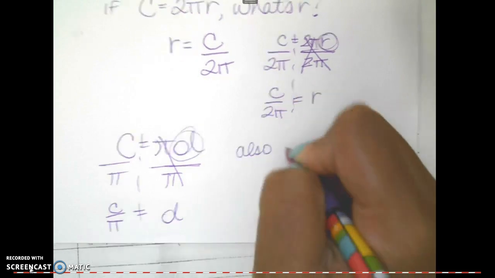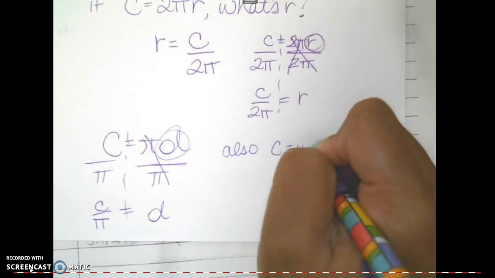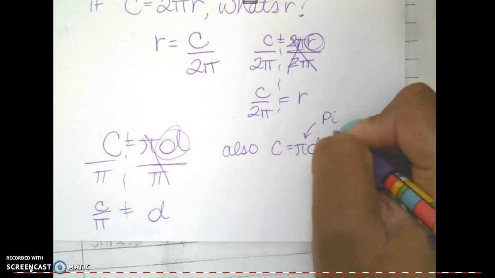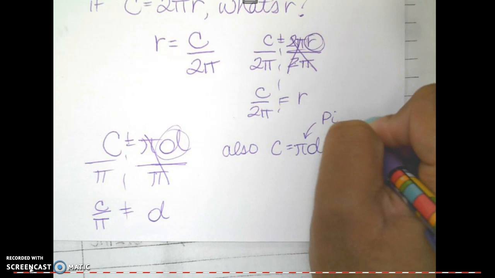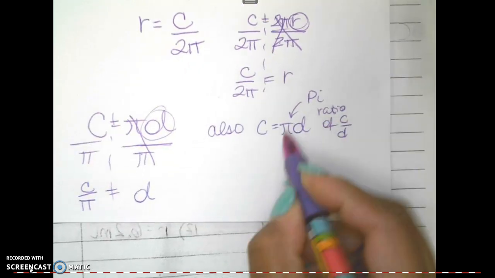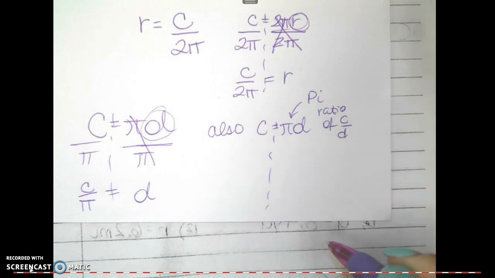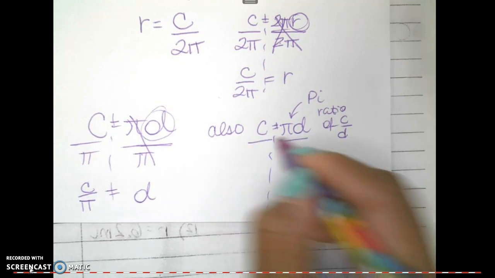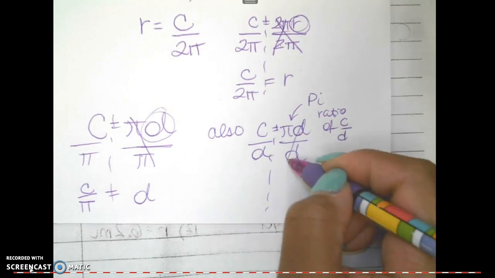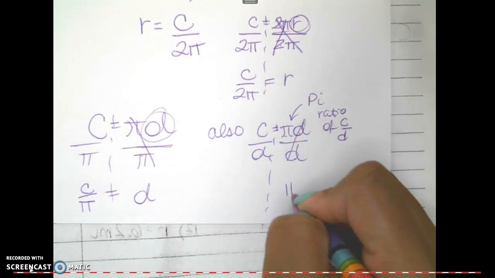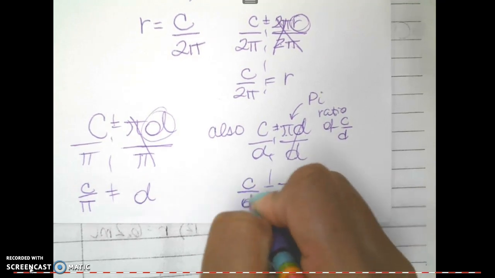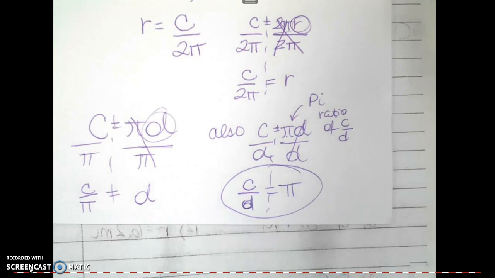Also, if I wanted to solve for pi, because the definition of pi is the ratio of C to D, guess what I'm going to divide by here? D. Cross out diameters. I'm left with pi. Pi is the ratio of circumference to a circle's diameter.